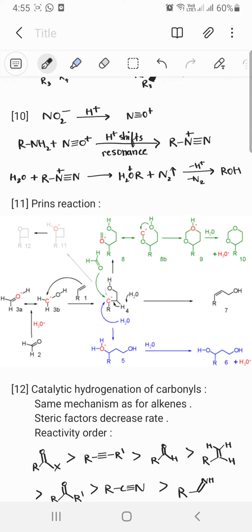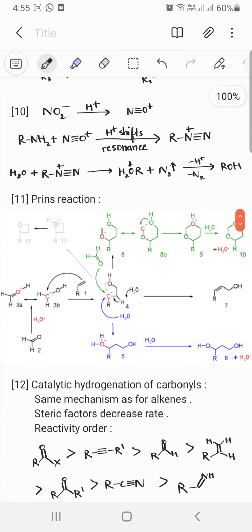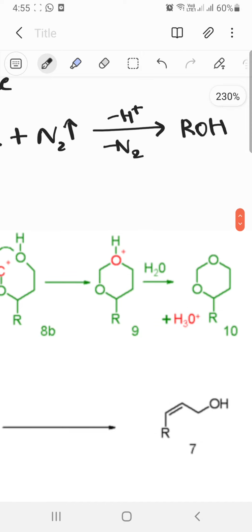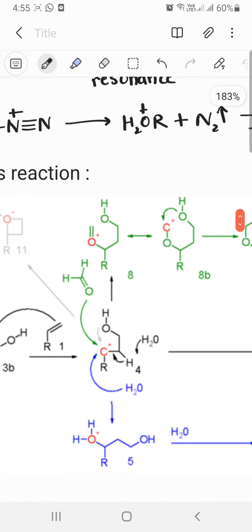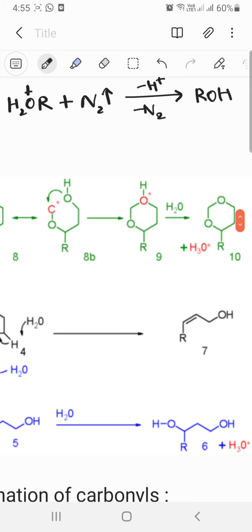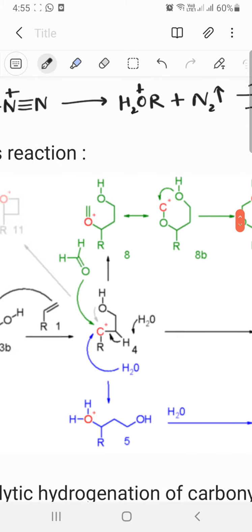This 6-member ring is what we want to form, because these other things are not really that special.